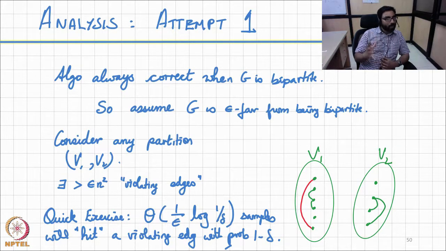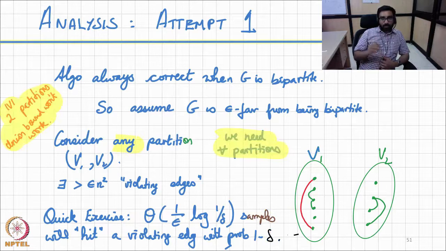That's great for one partition, but we really need to be concerned about every possible partition. And here lies the problem, because the number of partitions is 2 raised to the cardinality of the vertex set. And union bound is the only option at our disposal right now, and that's not going to work.